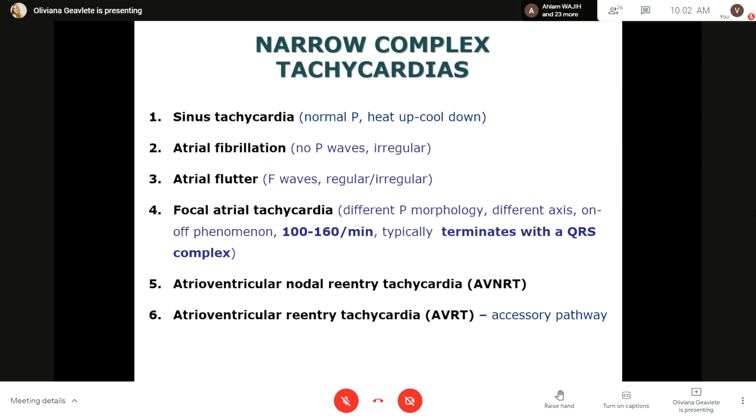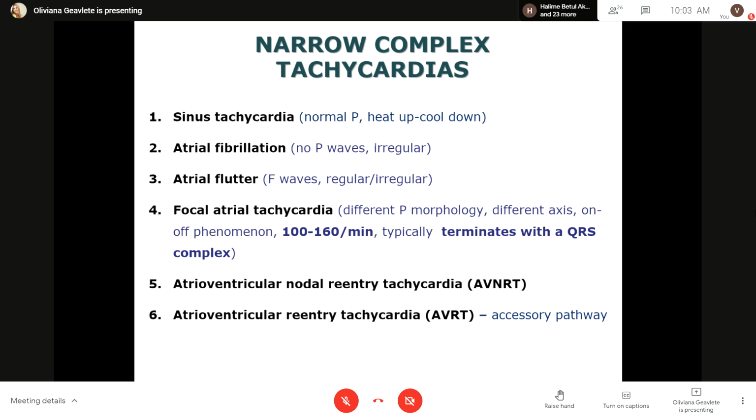Sinus tachycardia, what does it mean? When you have the heart rate over 100, right? Over 100 minus the age, depending on the age of the patient.